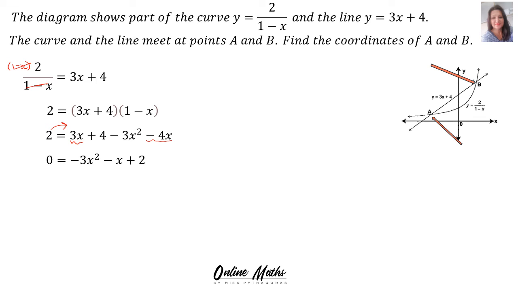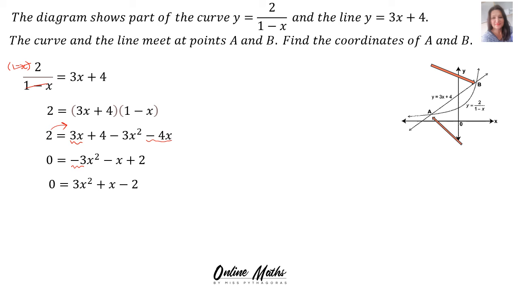Now my equation is in a proper descending order and I want to factorize, but I cannot factorize if there's a negative in front of x squared. So then I will divide right through by negative and I end with 0 equals 3x squared plus x minus 2.